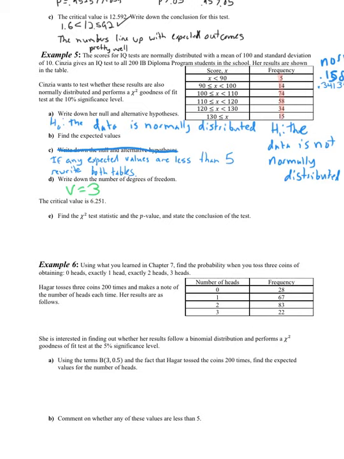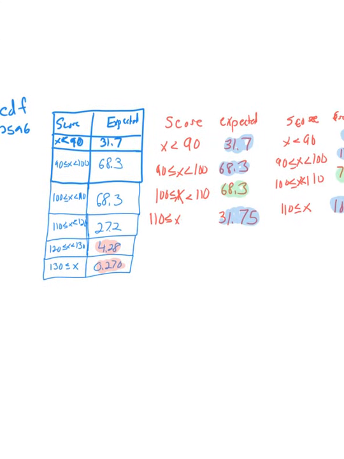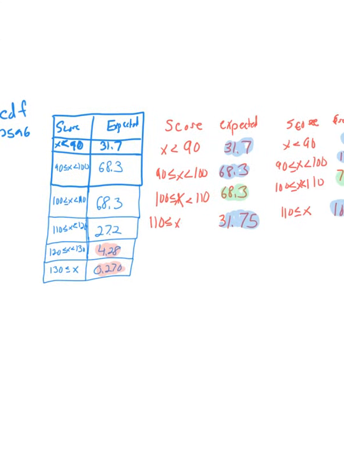What did we have for the last one? Was 107? 107, yeah, okay. Then we can put these numbers in on the other side.